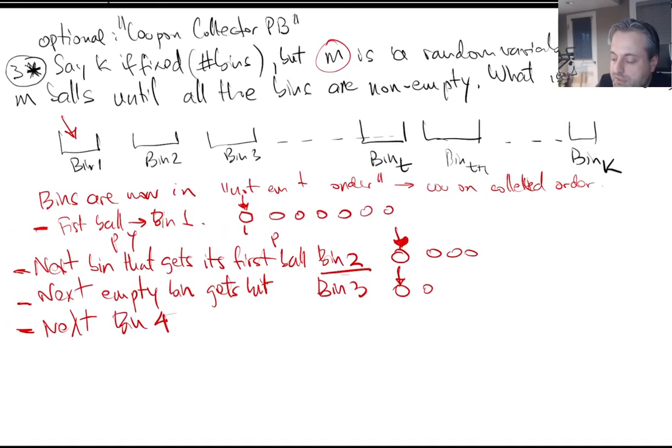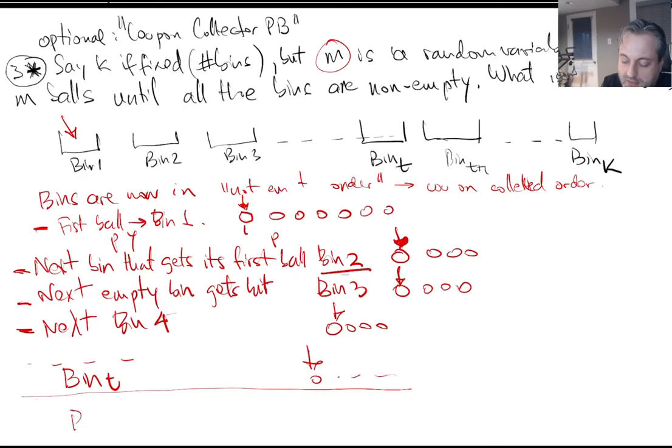So the way this process goes again is that at any point in time, I'll be here at bin t, this bin. Before moving to bin t plus 1, there would be a bunch of balls that keep falling into these existing bins, and I don't care about them.